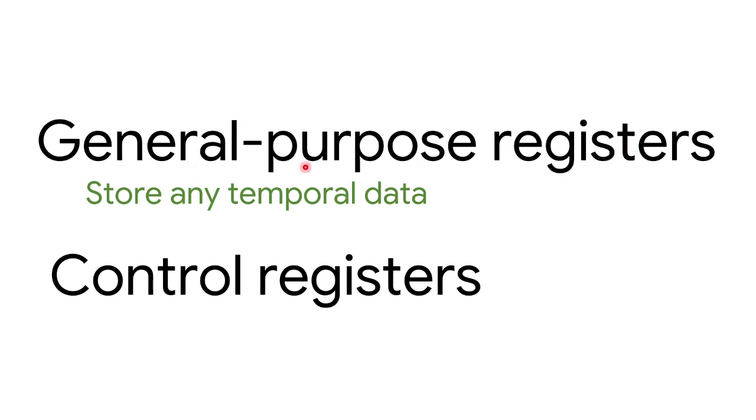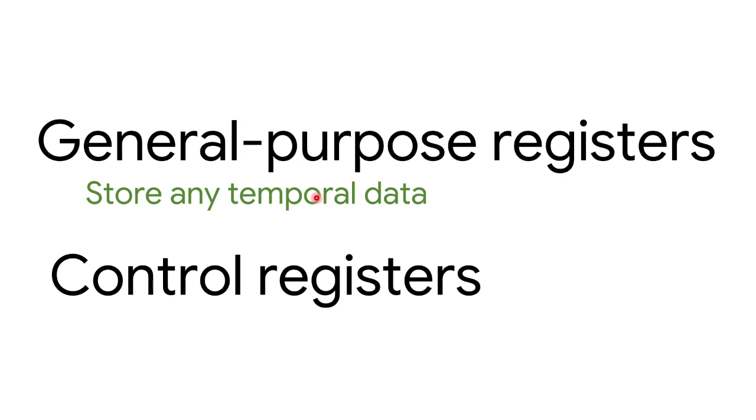General purpose registers are always defined in each CPU architecture. Their job is to store any temporary data. The notion of a general purpose register is almost like a local variable in your function.